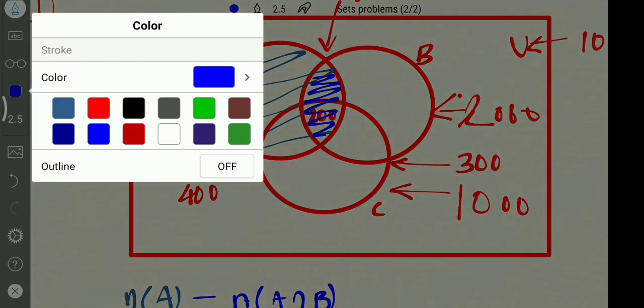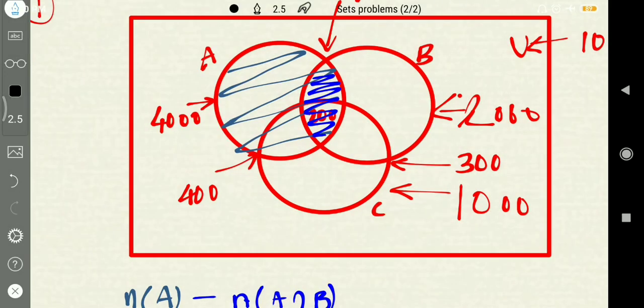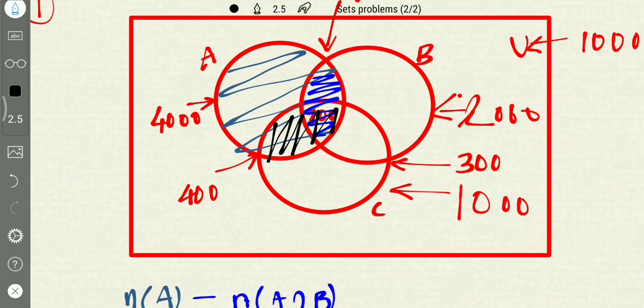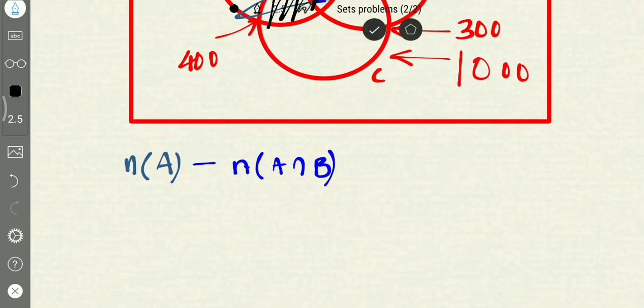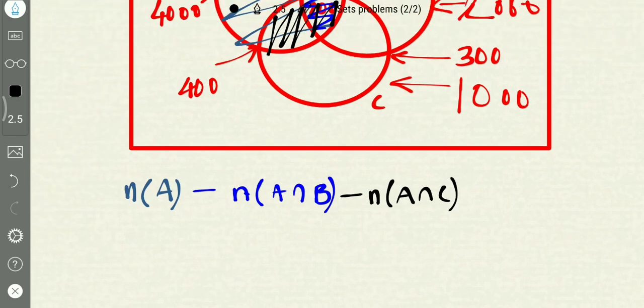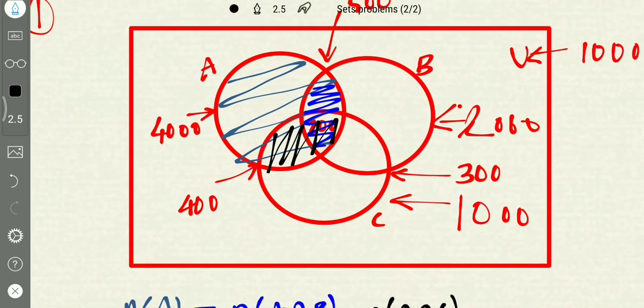and next if we subtract this, n of A intersection C, we get n of A, but this area is subtracted twice, because while we are subtracting A intersection B and A intersection C, this area got subtracted two times.